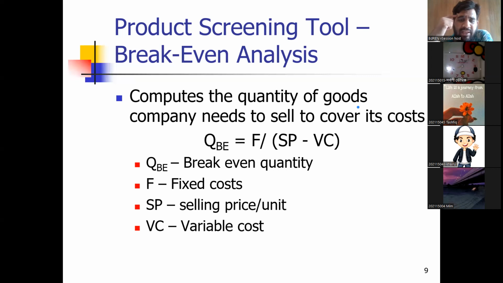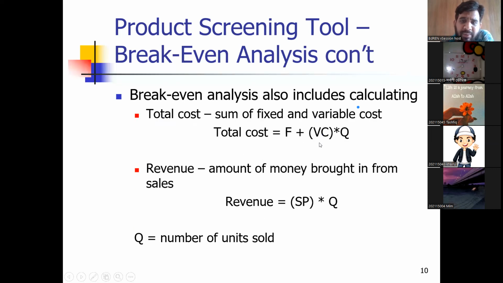Some markup will be added there, that will also cover. And beyond the break-even point, all are additional benefits. So you need these three important information to calculate the break-even quantity.